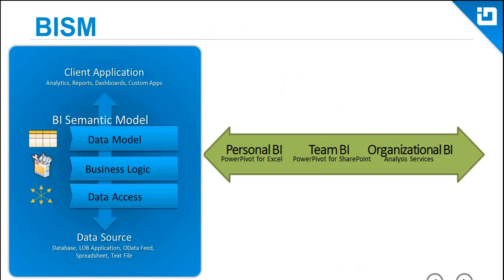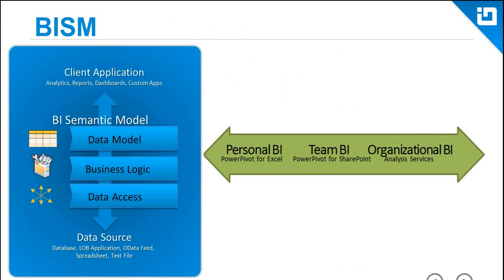From all these kinds of sources, it can retrieve data, and on top of it you have data modeling. You model your data depending upon what kind of analytics you want to have. So basically, you create a model out of it. We'll discuss the dimensions and fact tables.